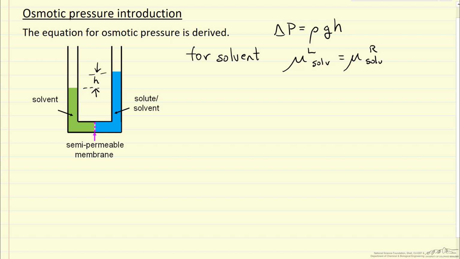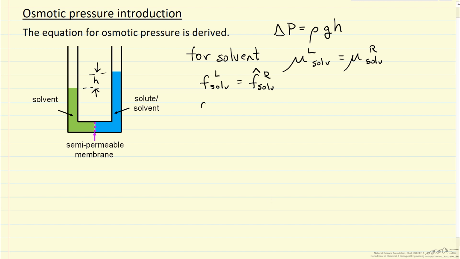Now it turns out it's easier to work with fugacity than chemical potential, and so I'm going to write this as the fugacity of the solvent on the left side is equal to the fugacity of the solvent on the right side. I'm going to put a hat over that fugacity on the right side to indicate it's a solution, whereas on the left side it's a pure material.